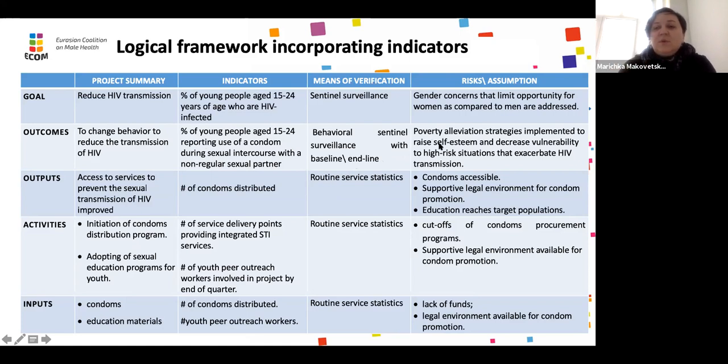So when I was thinking about risks or some assumptions that I had in mind, I was thinking about poverty reduction strategies implemented in my country to raise self-esteem and decrease vulnerability of high-risk situations.